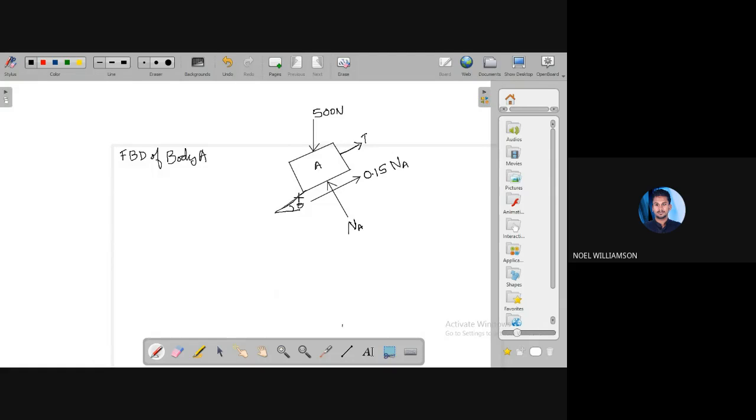Now, like the previous case, we will shift this axis. That is, we will consider the inclined axis. That means there is the axis or direction along the inclined plane as the x-axis, and the normal to that we will consider as the y-axis.